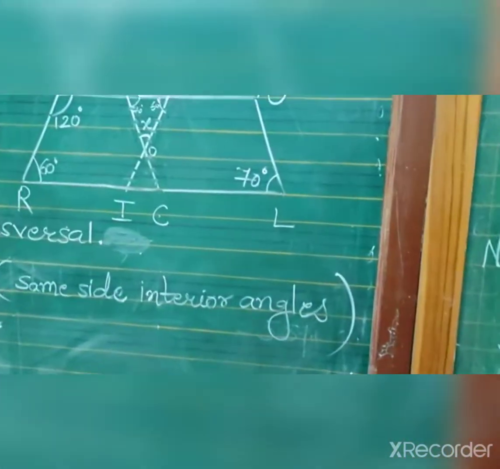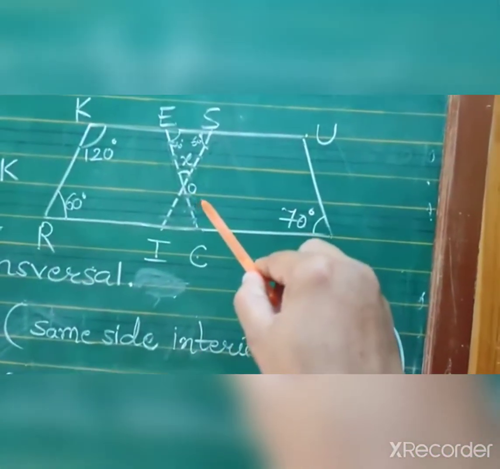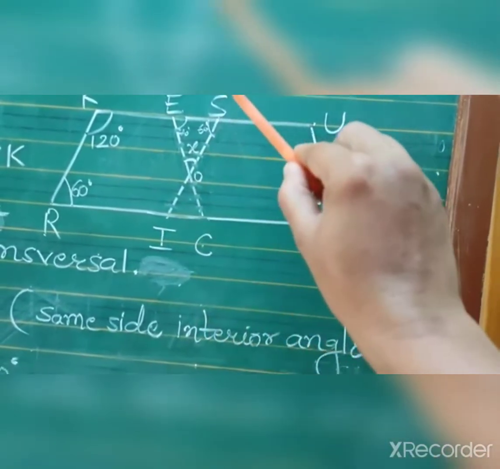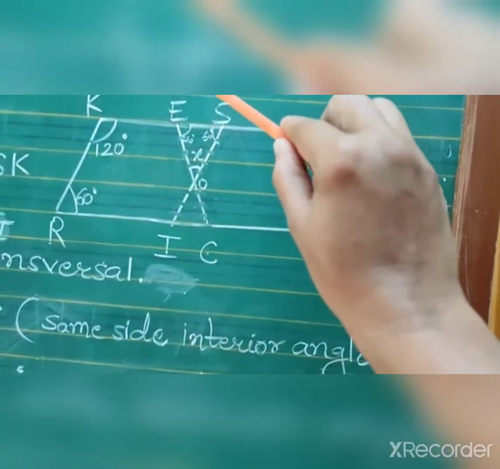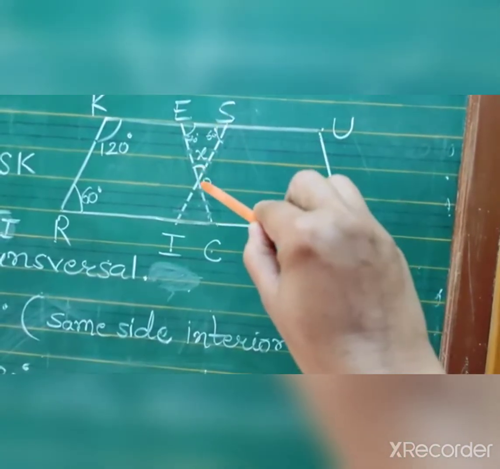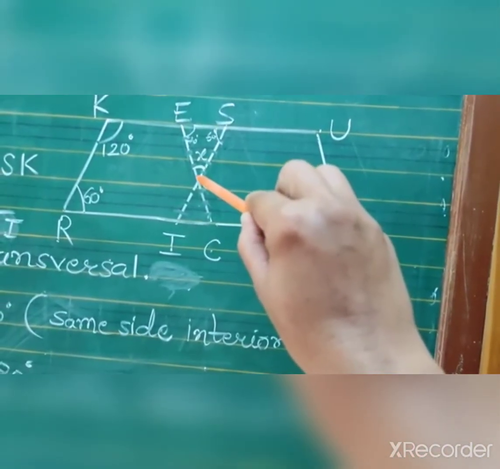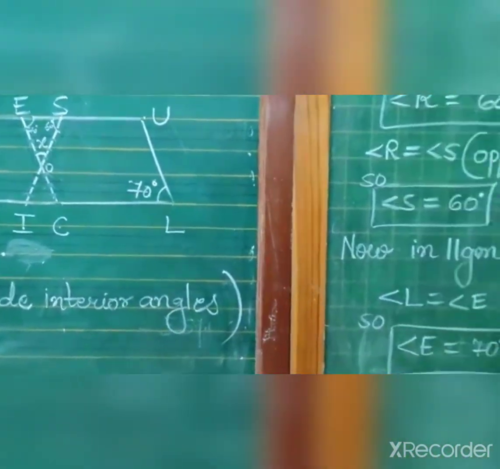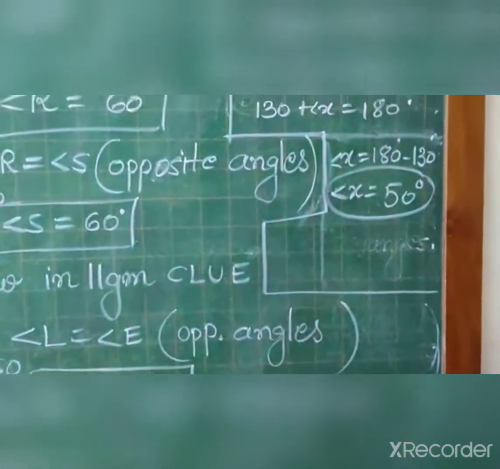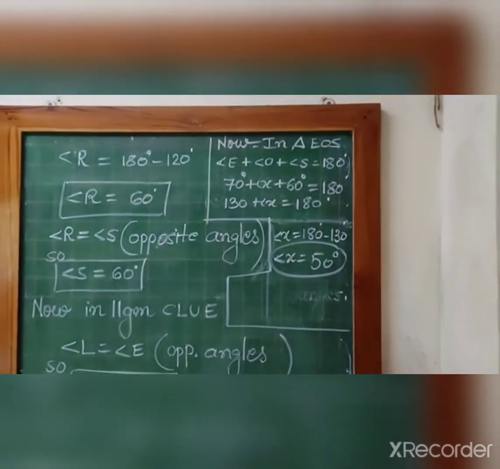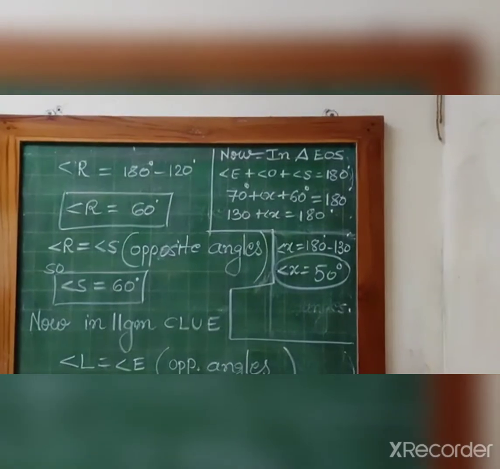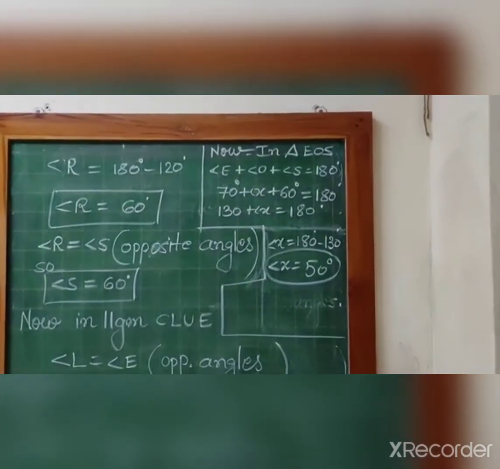Now I have given here the intersecting point. You can see here two lines are intersecting, IS and EC. Intersecting point I have given, name it O. Now from the figure, in triangle EOS, the sum of all the angles will be 180 degree.